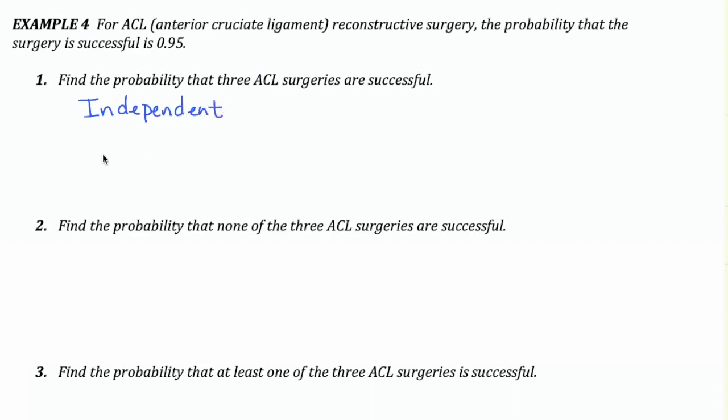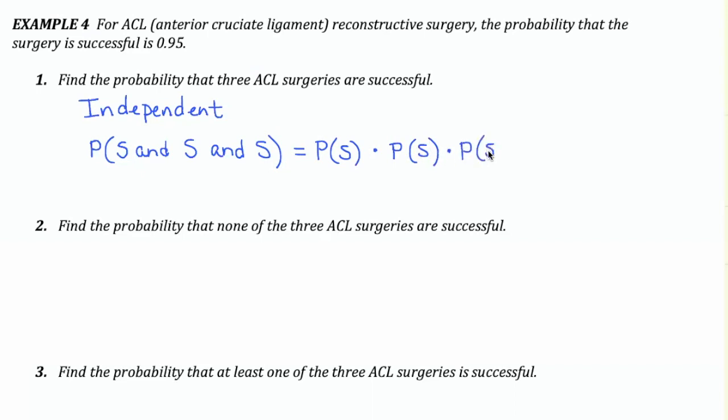So, really, what I'm looking for here is the probability of a success and another success and another success. And the multiplication rule says I would take the individual probability of success on each surgery and just multiply those together to get my answer.